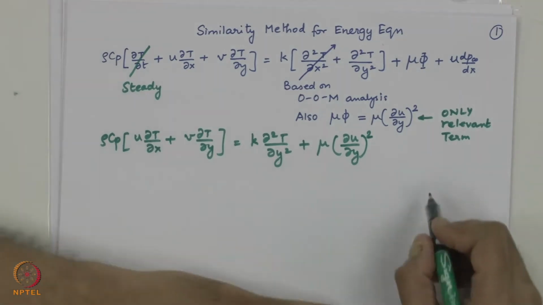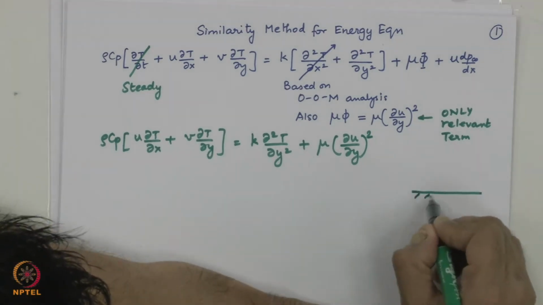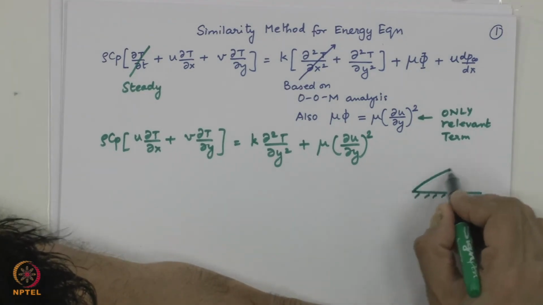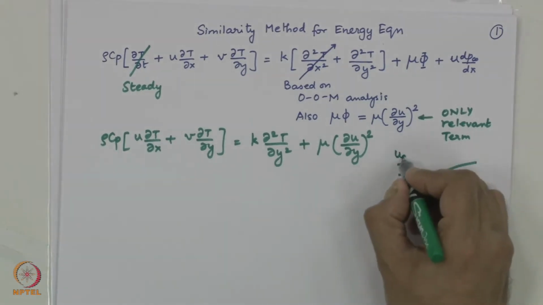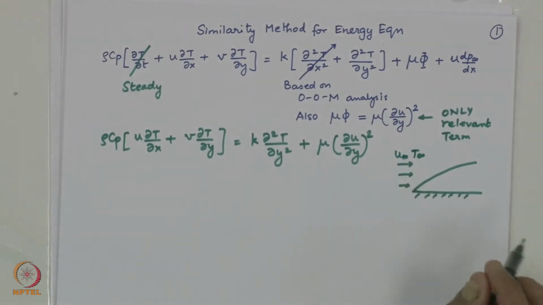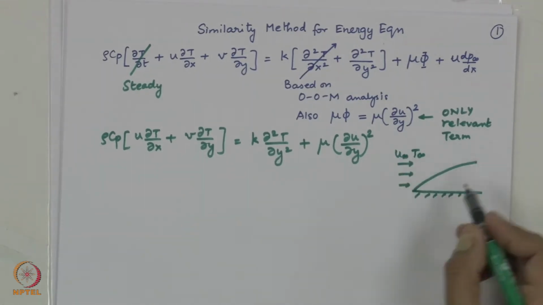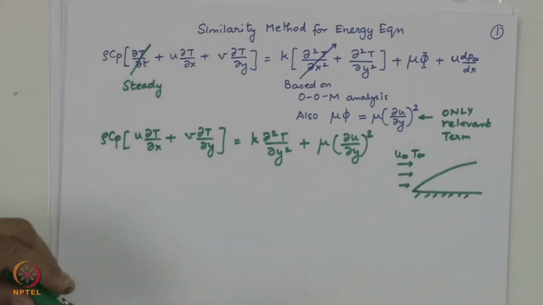And we are talking of flow over a surface, and one of the special cases is flow over a flat plate. We do the same analysis as we did for flow over a wedge, and this will be simplified to flow over a flat plate.